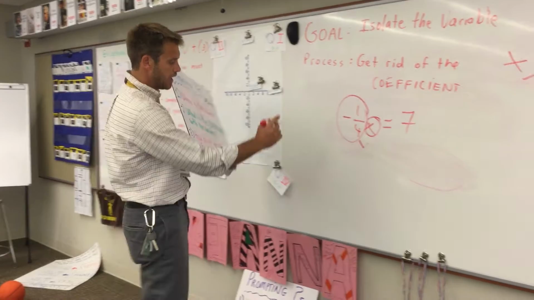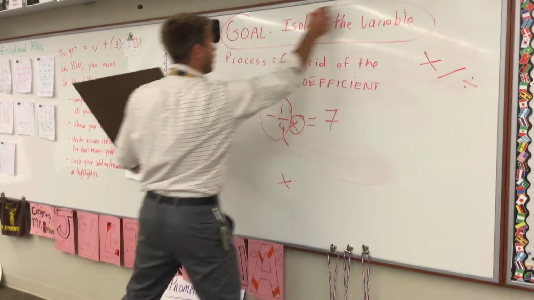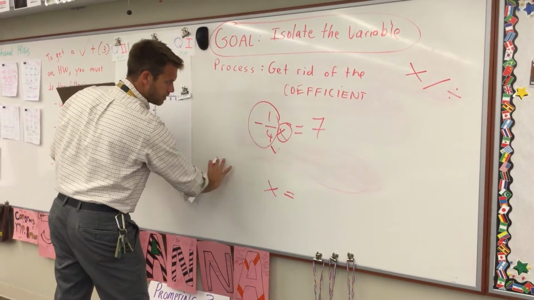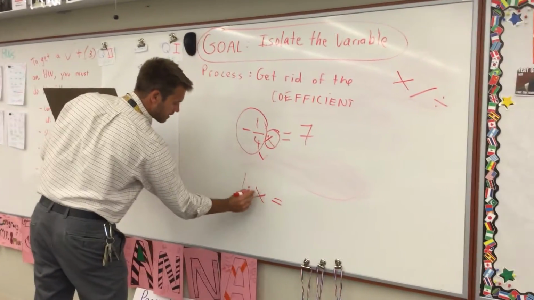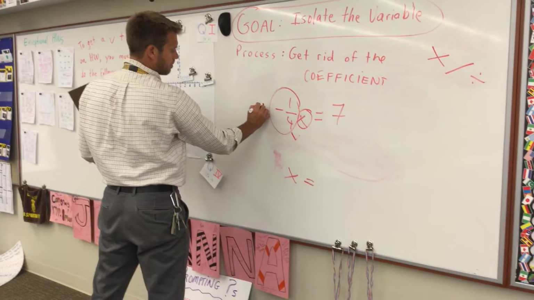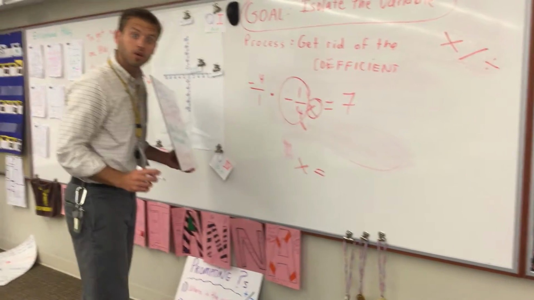Now I want to ask myself, how do I make 1 out of that? The reason is we want to get x by itself. That's the goal. Isolate the variable. So x needs to be all by itself. No number with it. No constant. No coefficient at all. So we have to make 1, because 1 times x is always x, whatever number it is. So I'm going to either multiply by -4/1. That's called the reciprocal.